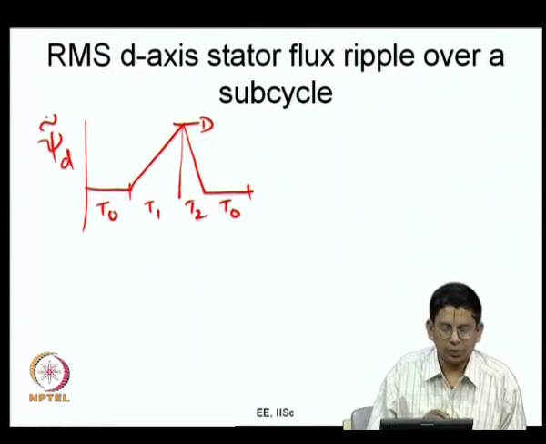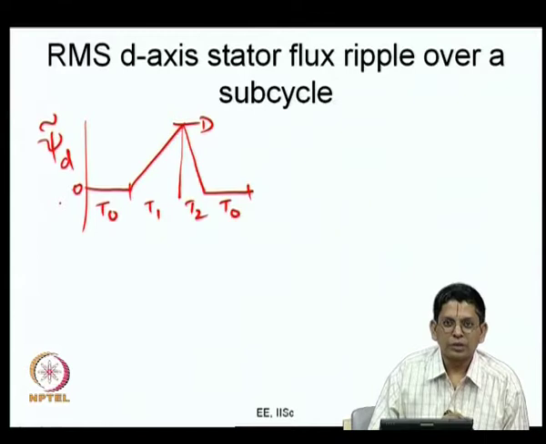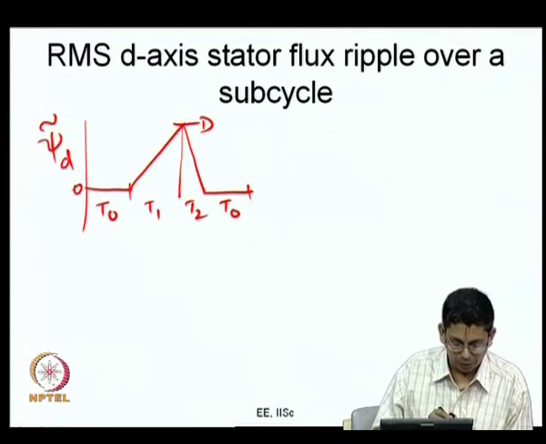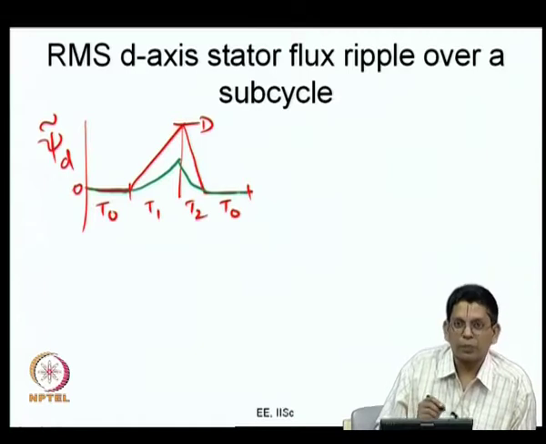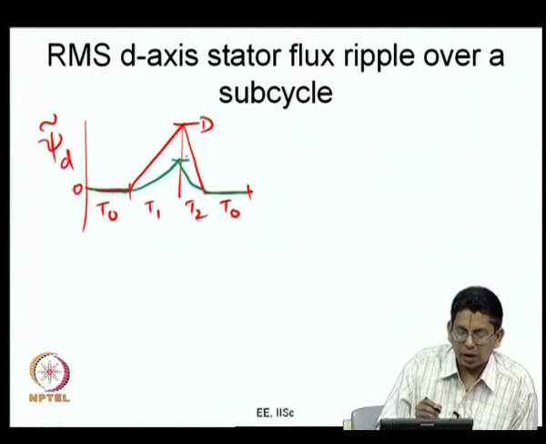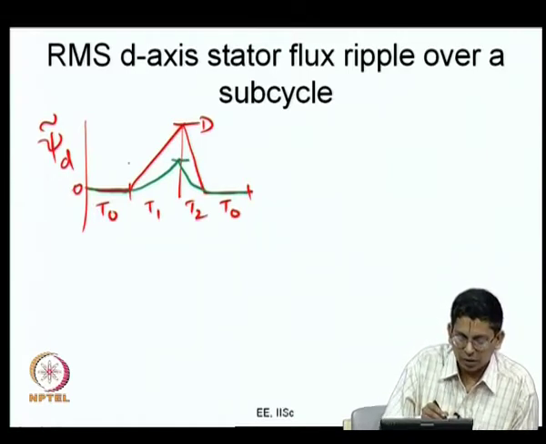When I get the RMS value here, it is 0, so I am just going to square it. When I square, it is 0 here, parabolic here, and again parabolic here, like this. The area under this parabola is 1/3 of the area of the rectangle.